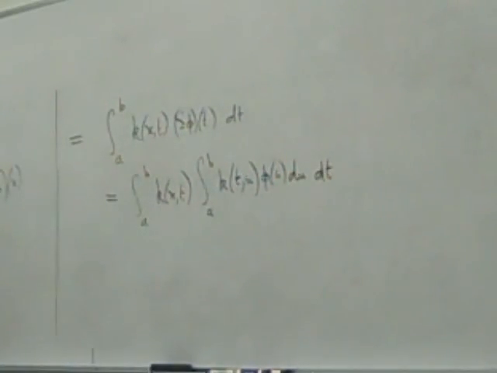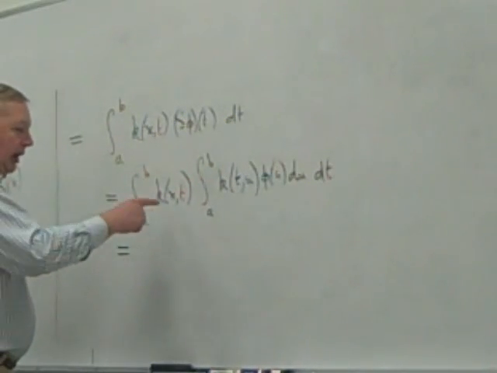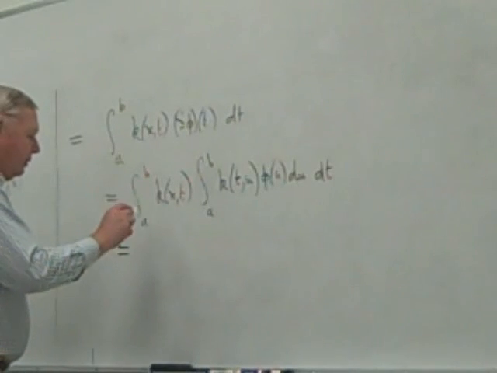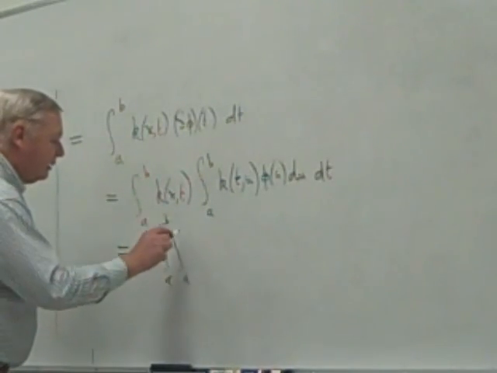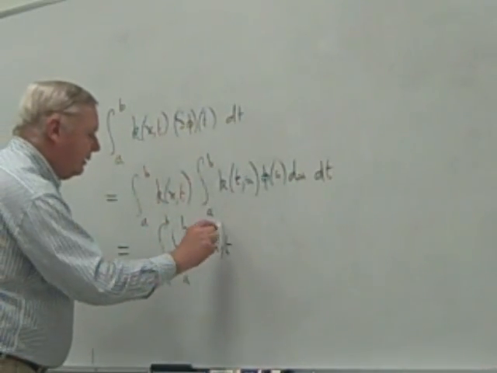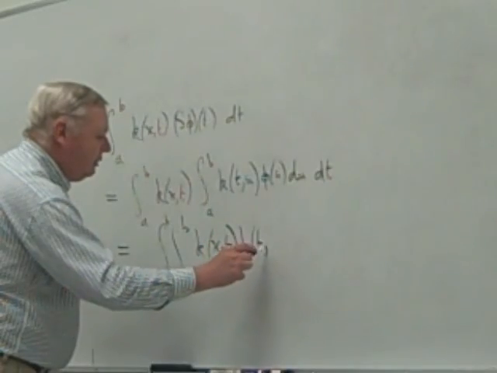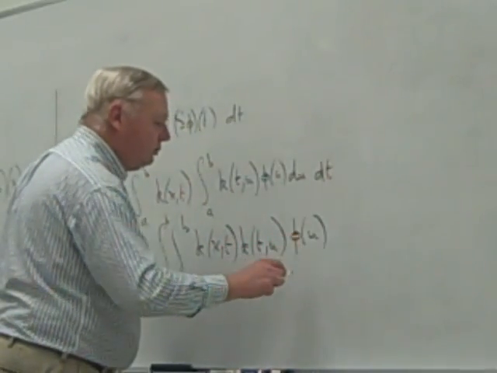So I'm just making a substitution there for S. So I make this into a double integral, a to b, k of x,t, k of t,u, phi of u du dt.